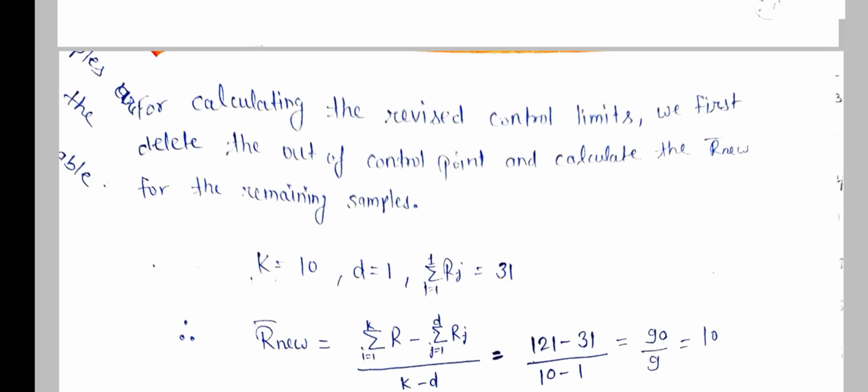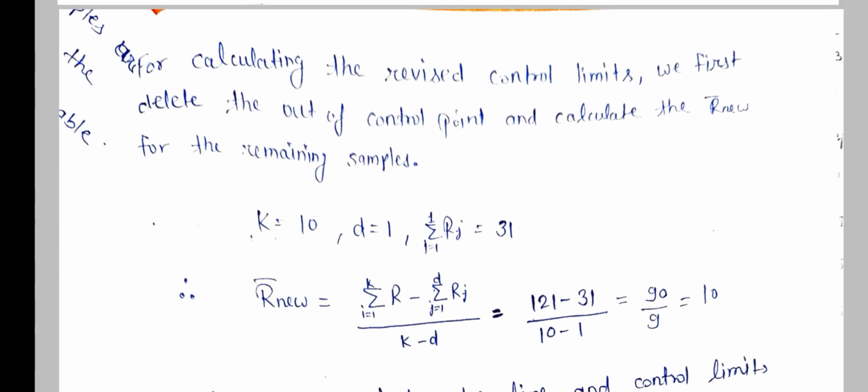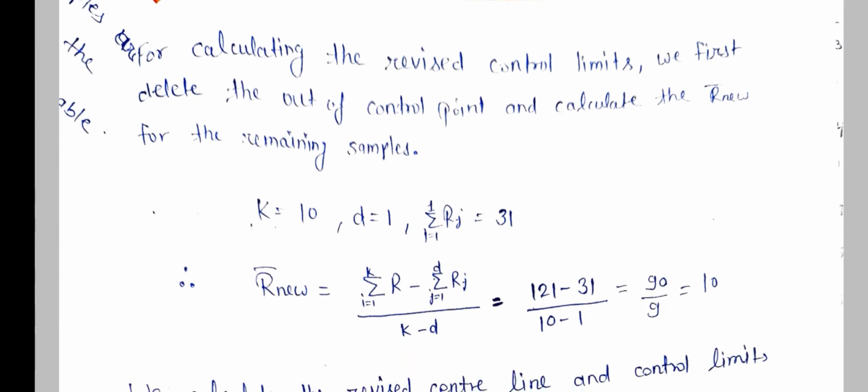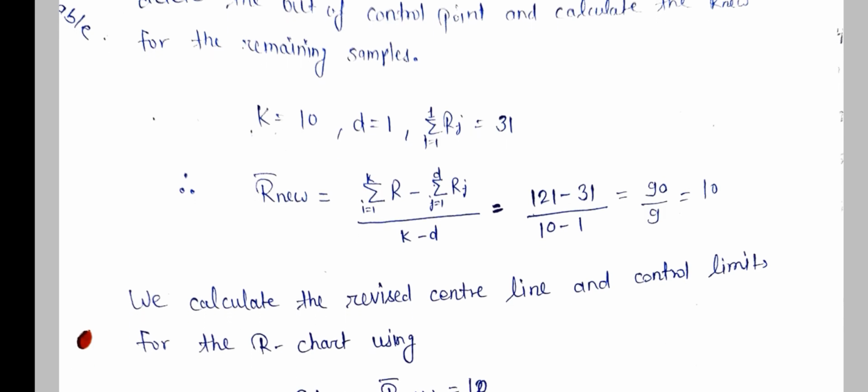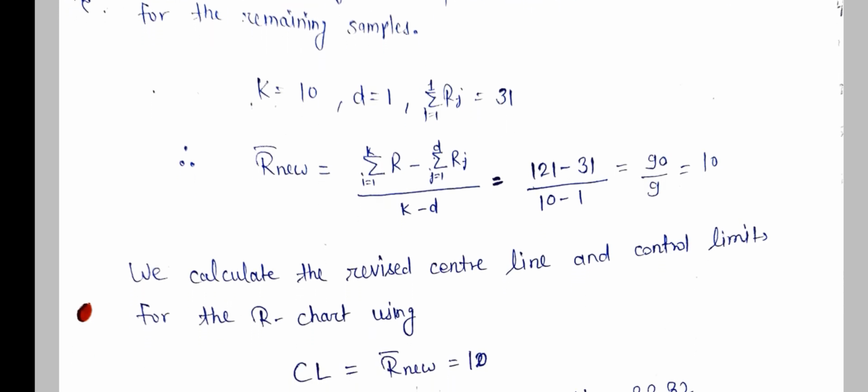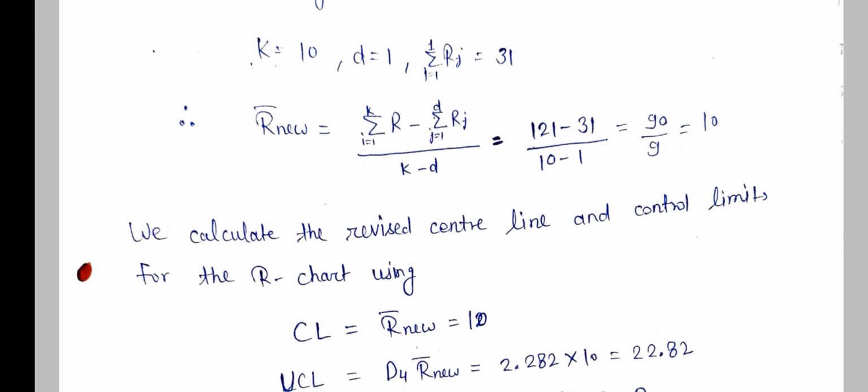For calculating the revised control limits, we will find the R limits again. We first delete the out of control point and calculate R bar new for the remaining samples. R bar new is calculated by sigma R minus sigma Rd upon k minus d.